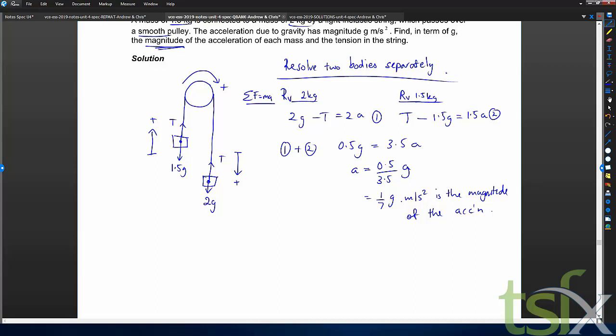All right, and the last thing is the tension in the string. Which equation do you like the most, 1 or 2? 1? Okay, so we substitute A equals G on 7 into equation number 1.